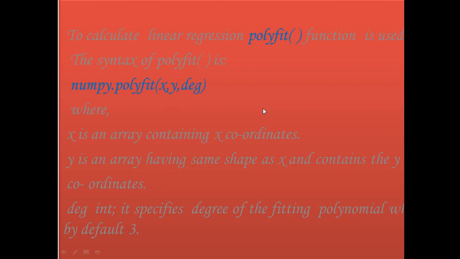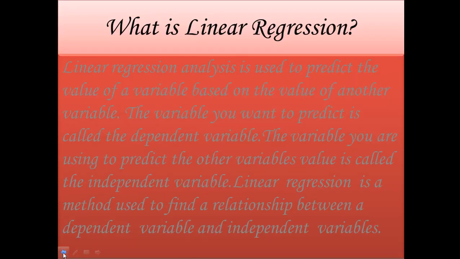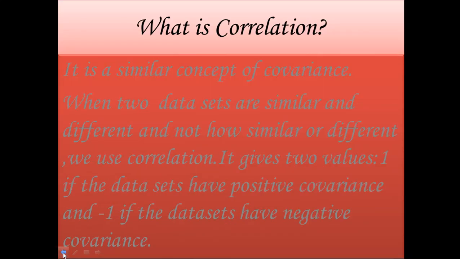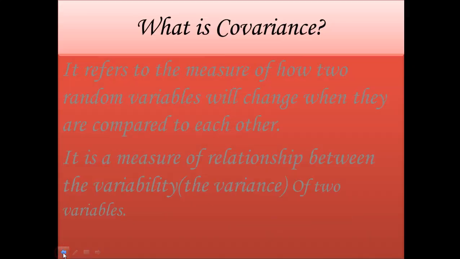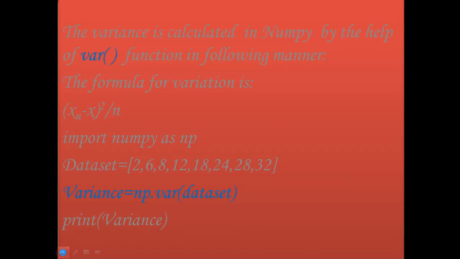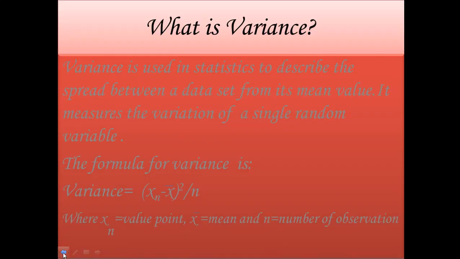As you will be using the cov function and the correlation, in the same way you will be using polyfit, but you need to add one more argument, which is the degree, and by default the degree value will be 3. So this is how we calculate these things: linear regression, then correlation, then covariance, and the very first one we saw was the variance.